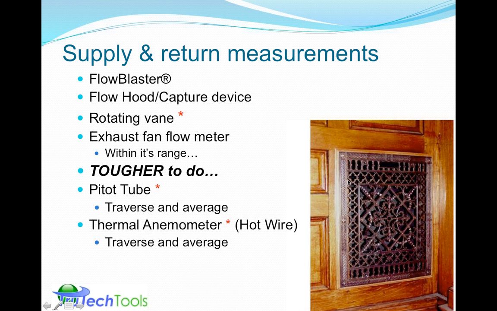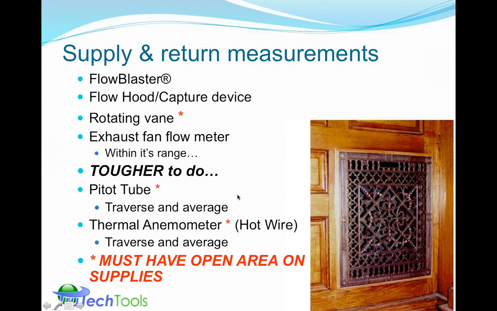And the same with a thermal or a hot wire anemometer, you would have to traverse and take into account the differences in the flow field. There's different velocities coming out, as you can imagine, behind different parts of this grill or any kind of grill. And when you do supply measurement, you must look at the open area on the supply when you're using any of these, except for the capture devices.